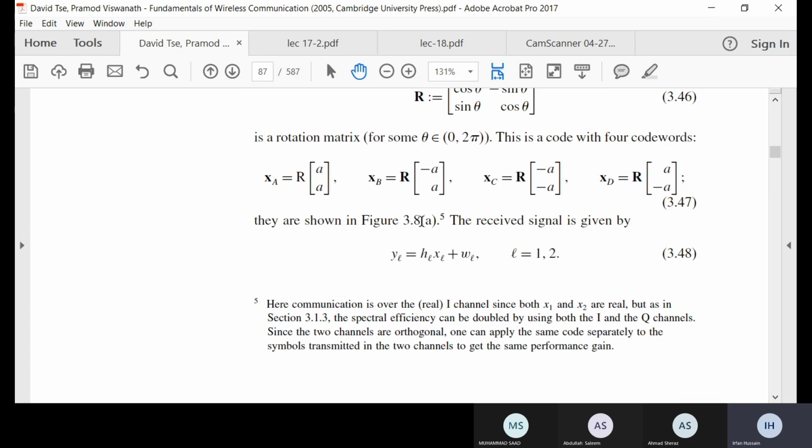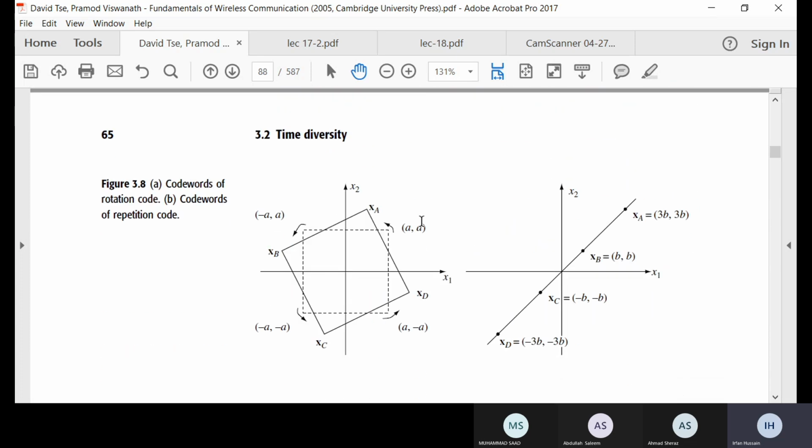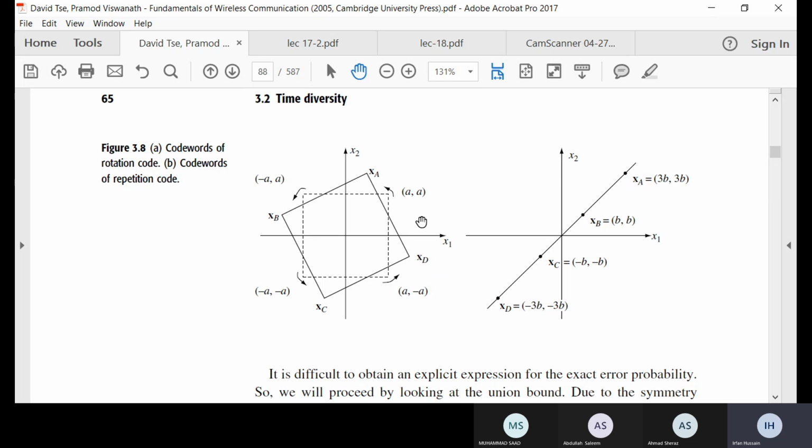They are shown in figure 3.8a. So these are my original BPSK symbols in terms of a vector. Remember here that there are 2 dimensions.